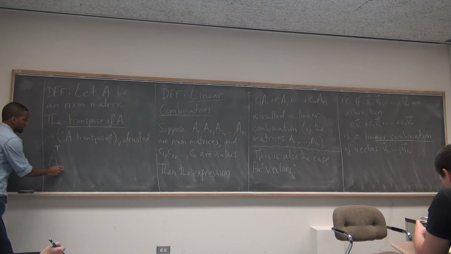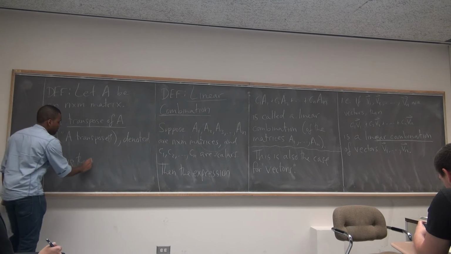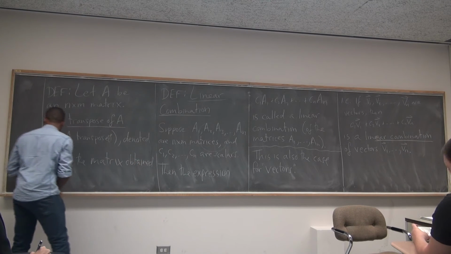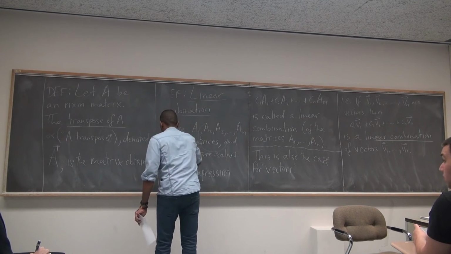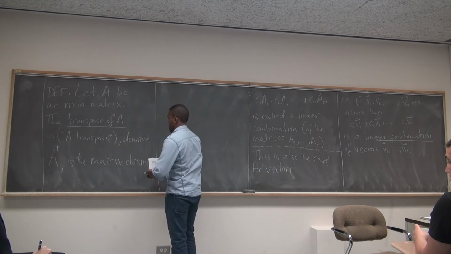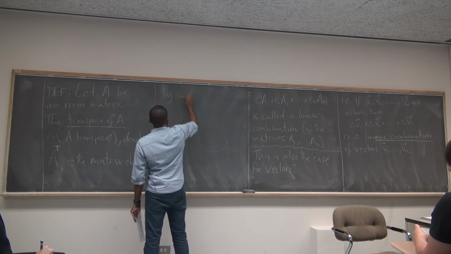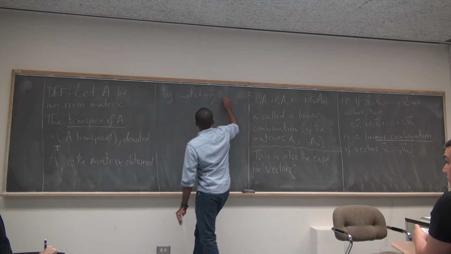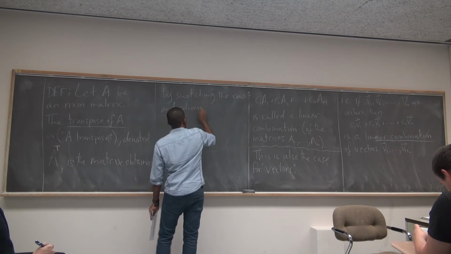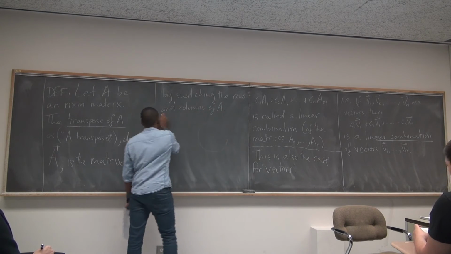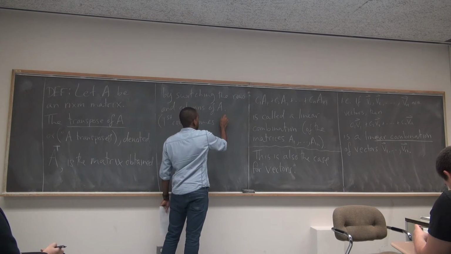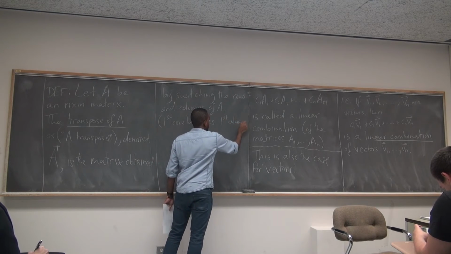That's called the transpose of A. It is the matrix obtained by switching the rows and columns of A. First row becomes first column, second row becomes second column, etc.